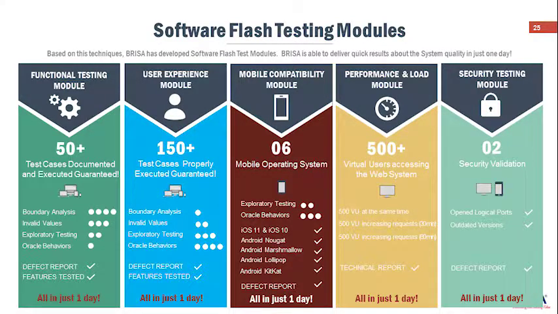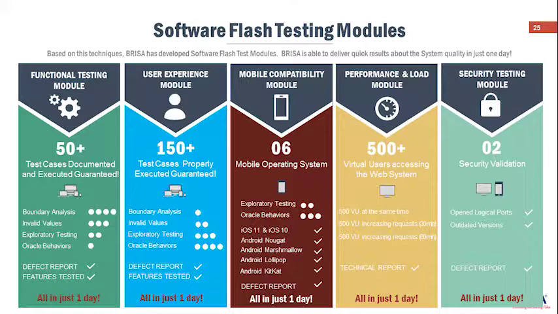On the user experience module, we are able to execute 150 test cases, also applying these test techniques, but with different balances about these techniques. The third one is called mobile compatibility module.